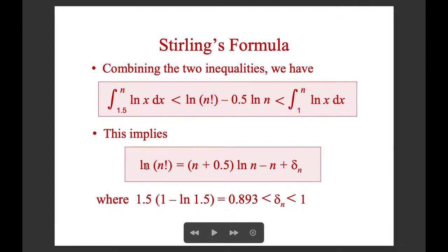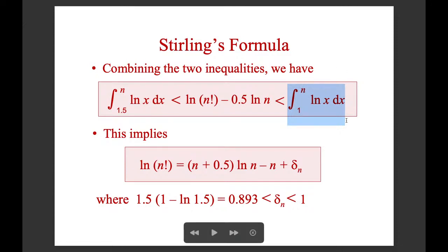So in that sense, by rearranging terms together, log n factorial must be of this form, n plus 0.5 times log n. The way that we get something like n log n minus n is because this is how we solve this definite integral.